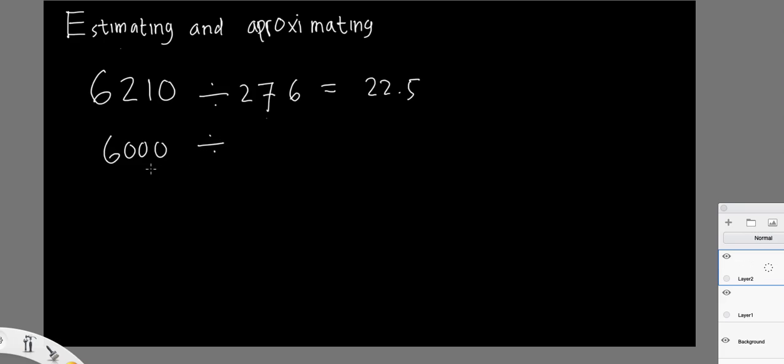You can find out why it is 6,000 in the previous video that I shared about rounding. The original digit is 6 and the digit to its right is 2. 2 is smaller than 5, so we round down. And 276 rounds to 300. So we get the answer 20. 20 is quite close to 22.5, in line with the principle of rounding.